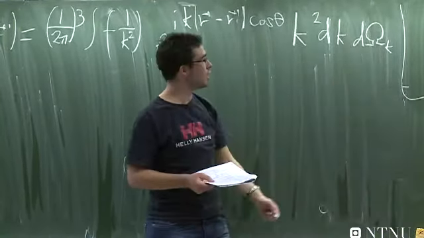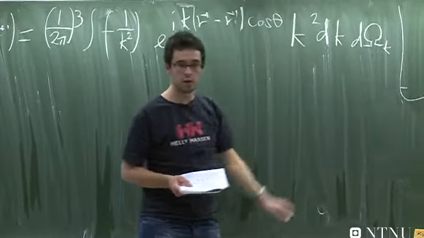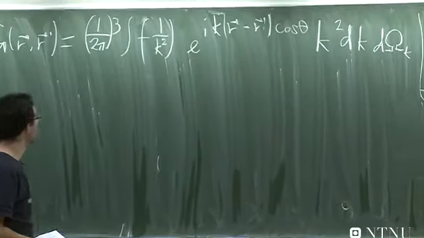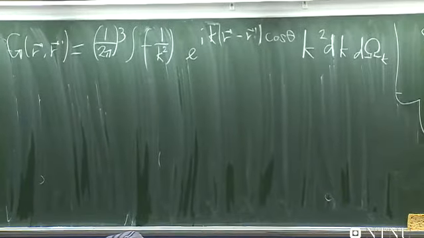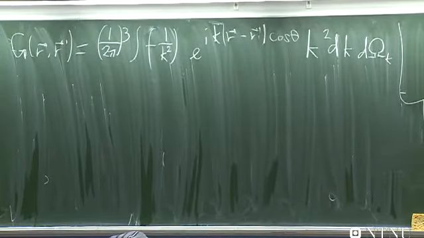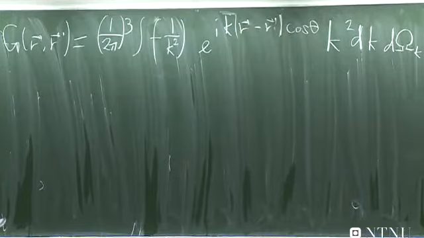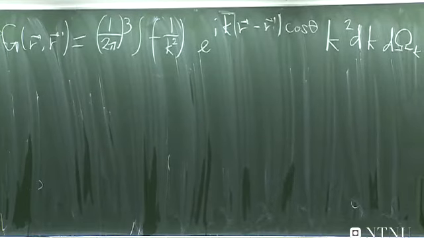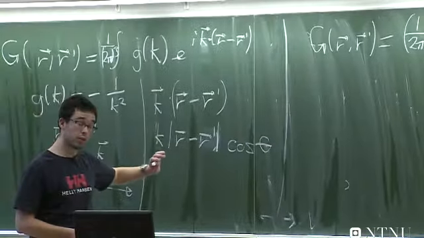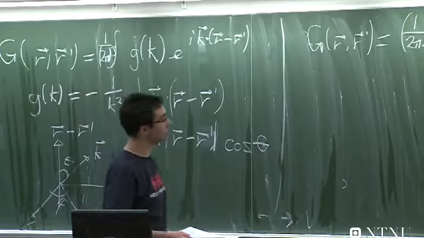This is the space angle, and this k squared dk is the contribution from the small volume, essentially, in spherical coordinates. Because of the spherical symmetry, the integral is easier to solve in spherical coordinates, of course.